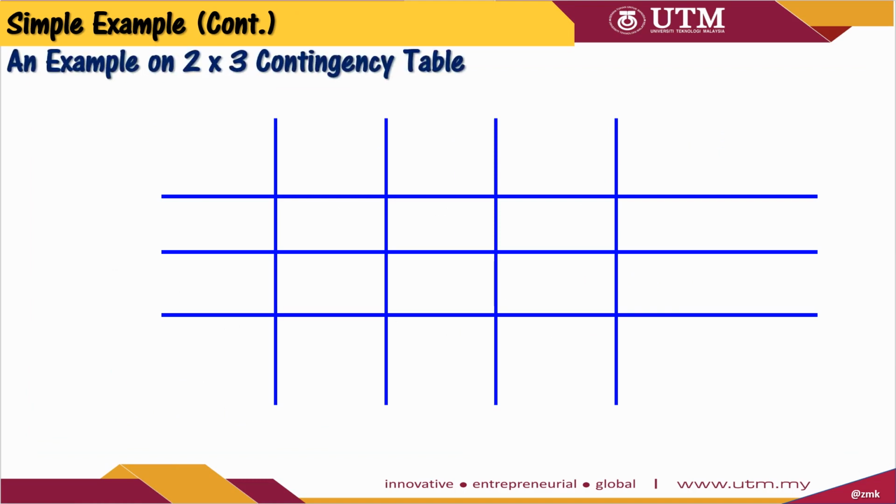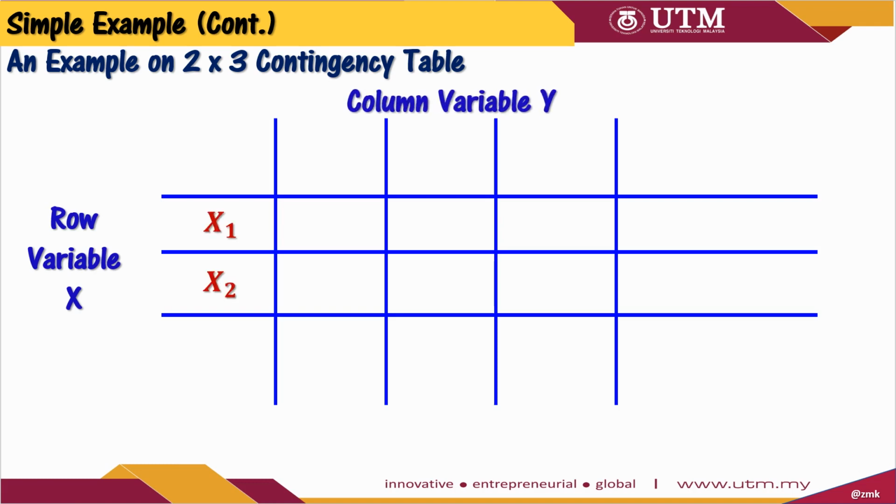Back to the simple example that we had earlier in this video, the row variable x has two subcategories x1 and x2, whereas the column variable y has three subcategories y1, y2, and y3. The cell values or the Oij values are given to be 2, 3, 5, 4, 2, and 4.